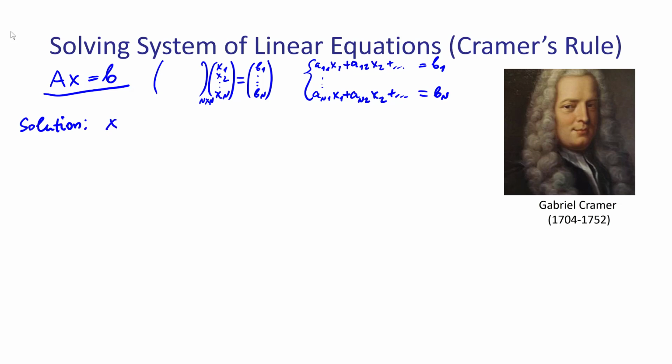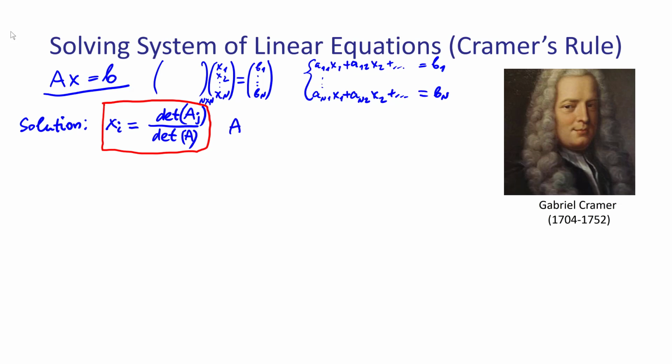So element xj of the vector x will be equal to the determinant of Aj, and I will define Aj in a second, divided by the determinant of the matrix A. That's it. This is the formula. This formula will help you to identify all of the elements xi, which is x1, x2, x3, and so on, to identify all of the roots of that system of equations.